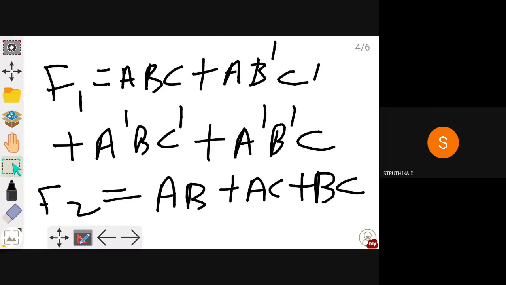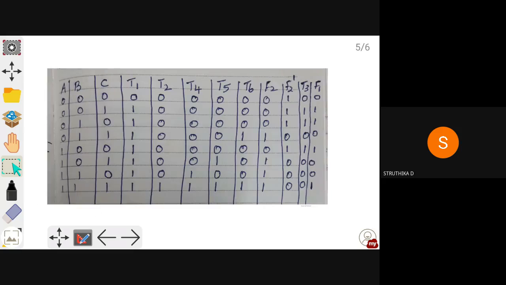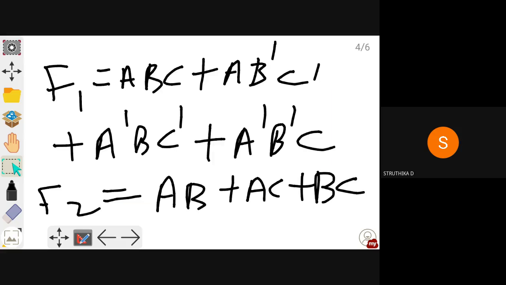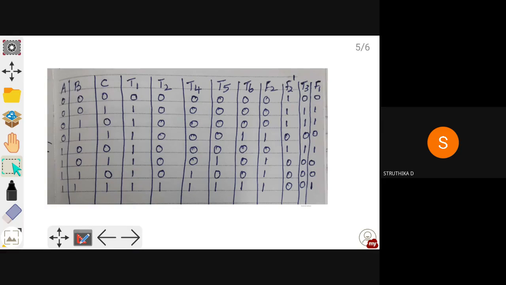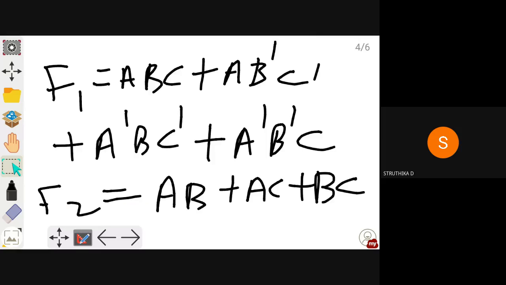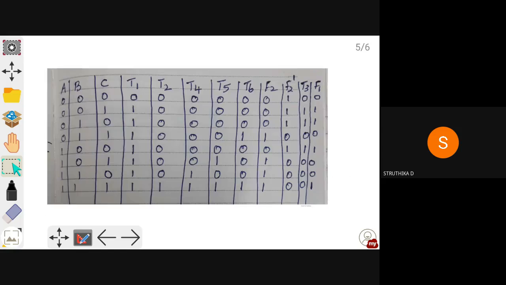Then A B dash C dash, that is 100 has 1. So in 100 you get 1. And the next is A dash B C dash, that is 0 1 0. So 0 1 0 you have 1 here. The next is A dash B dash C, that is 0 0 1. 0 0 1 you have 1.